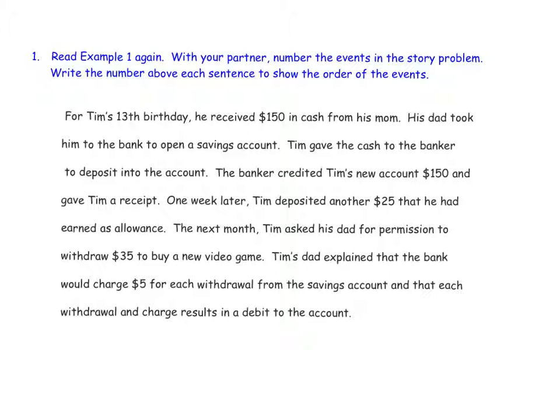What you would do by yourself is number the events. So you're going to pause it again, writing the number above. For example, the first thing that happened is he received $150 from his mom. So you're going to go through the events, numbering the order of events. All right, this is what I did. He received $150. Then he opened a savings account, and then he deposited that amount into the bank.